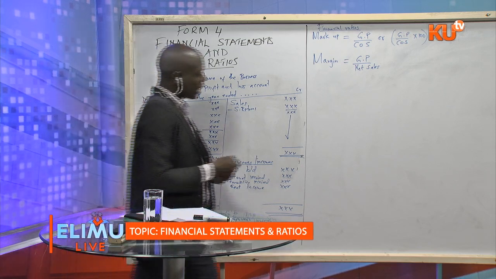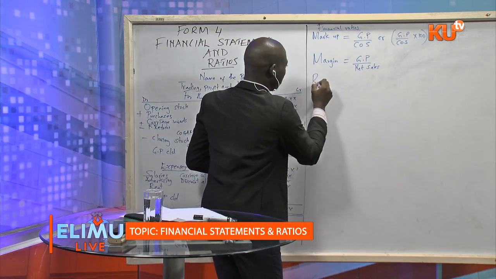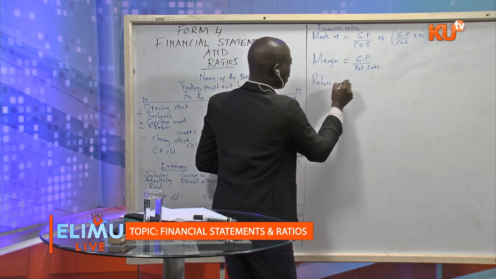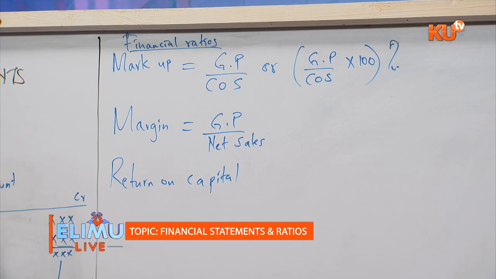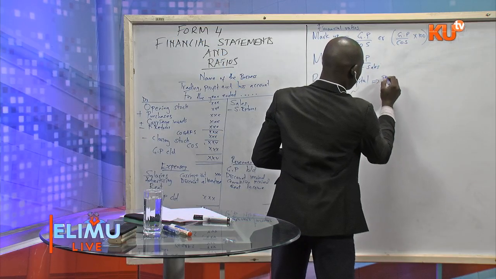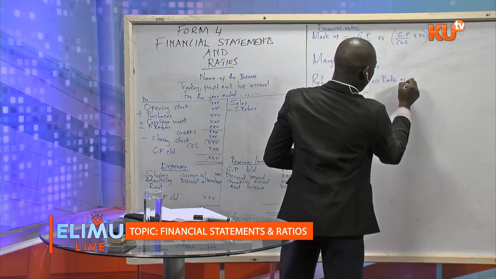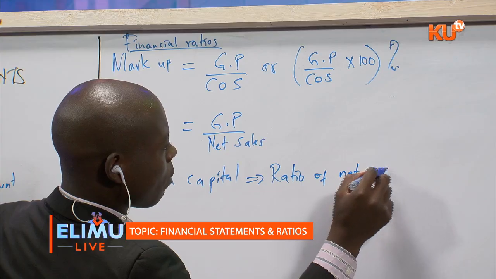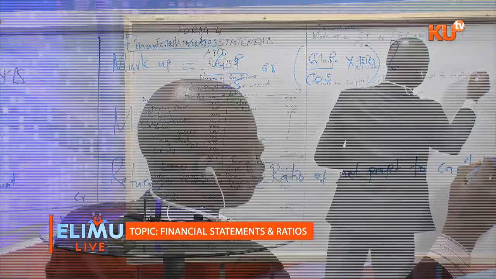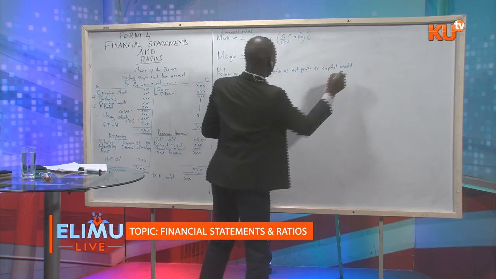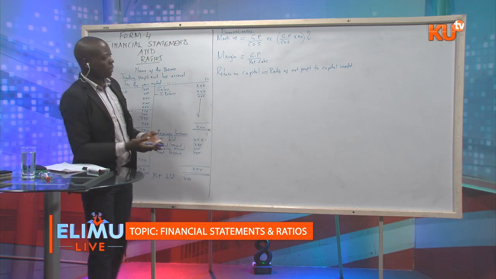And so when we are calculating, we need to remember there's also what we call return on capital. How do we calculate return on capital as a ratio? It is simply a ratio of net profit to the capital invested, and we can express it also as a fraction or as a percentage.